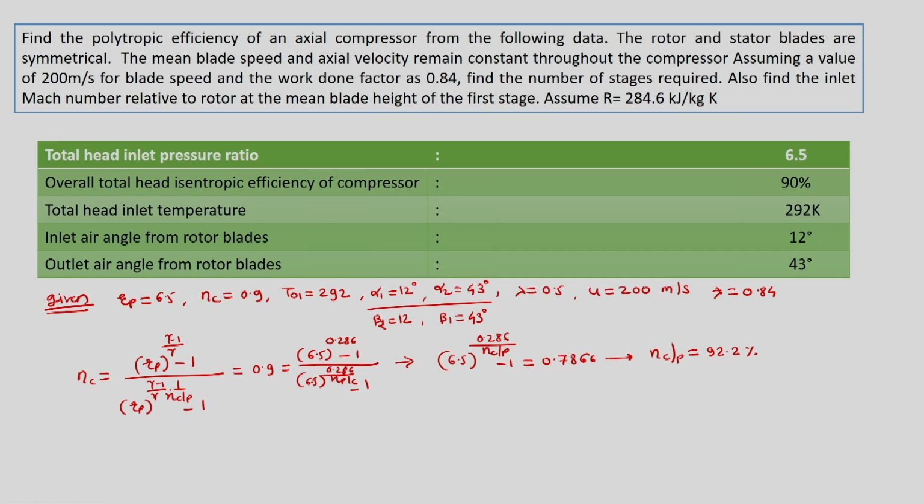So we first found out the polytropic efficiency. Now we have to find out the number of stages. Again we have to find the stage temperature rise and overall temperature rise.